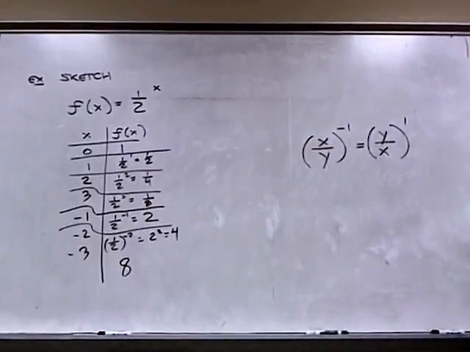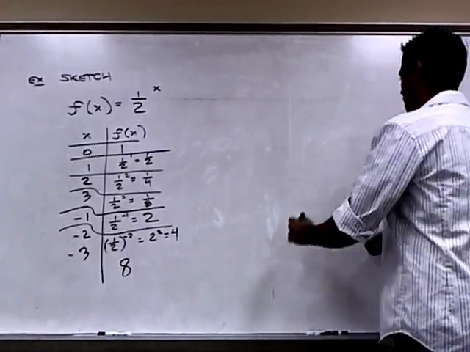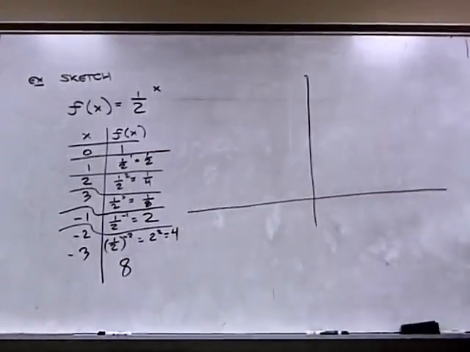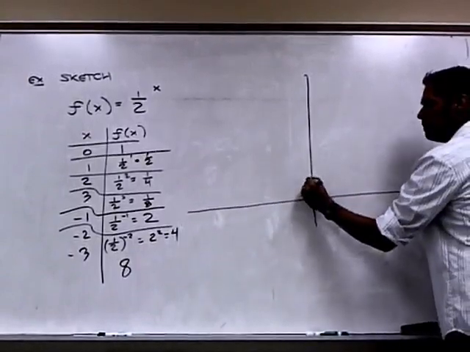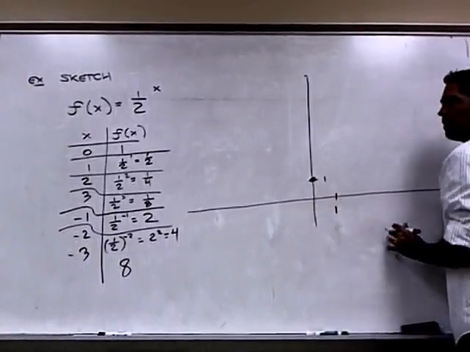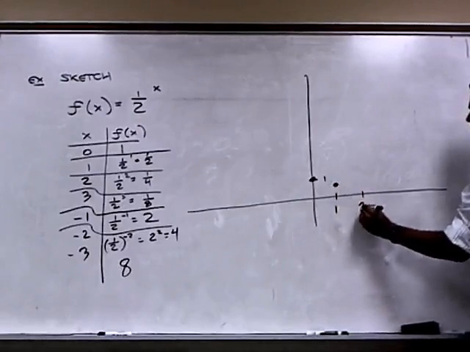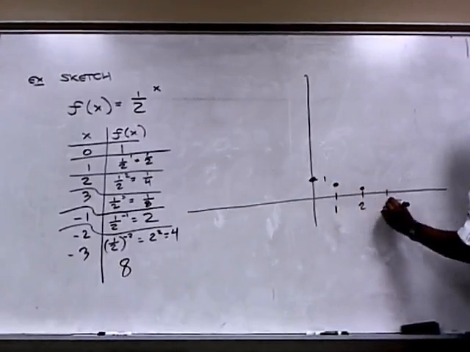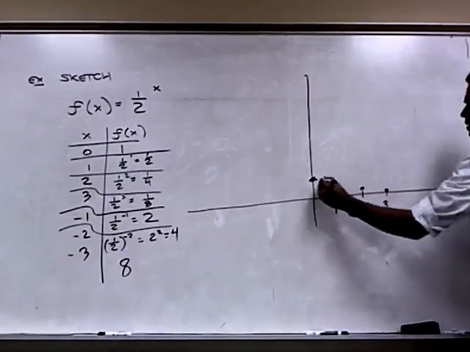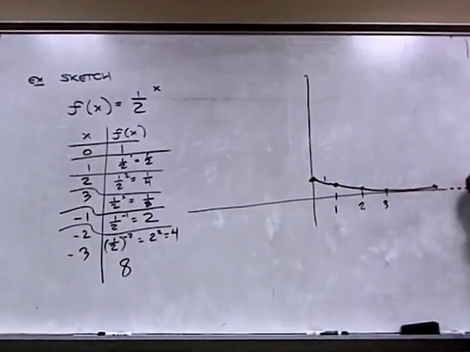Doesn't it look like what we just did, but kind of backwards? If I plug in 0, I get 1. But if I plug in 1, I got 1/2. Plug in 2, I got 1/4. 3, I got 1/8. And then it looks like it's getting closer and closer to this horizontal asymptote.